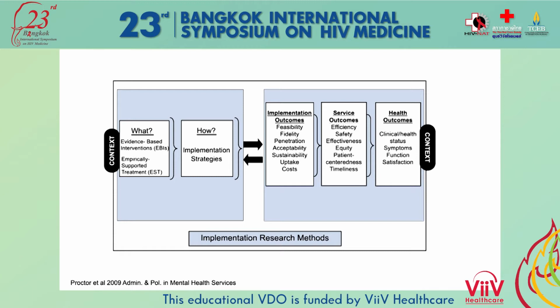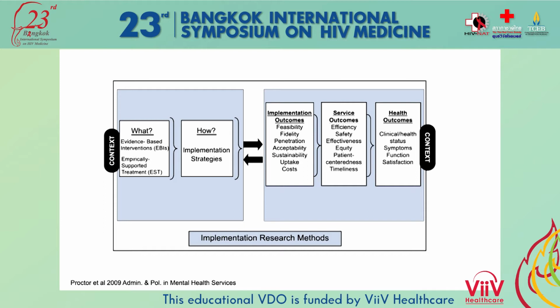But there's a whole series of things in between that we may really want to consider when we think about, does a program work? Folks have also looked at service outcomes, including efficiency, safety, effectiveness, equity, patient-centeredness, and the timeliness of programs. But what I'd like us to focus on today are the questions about implementation strategies.